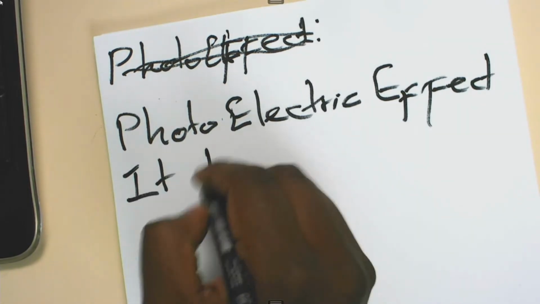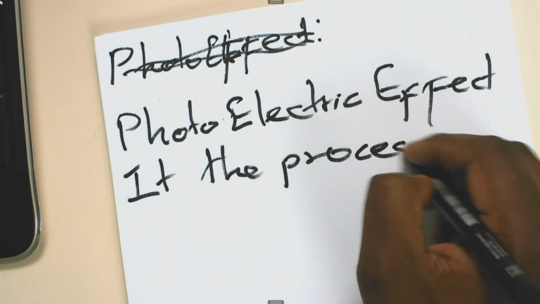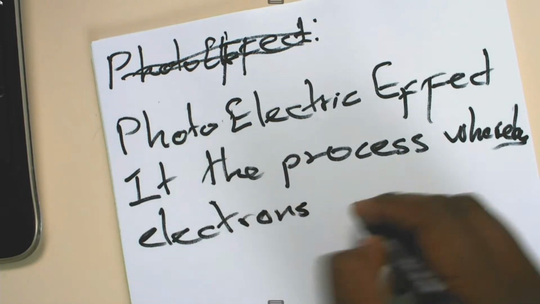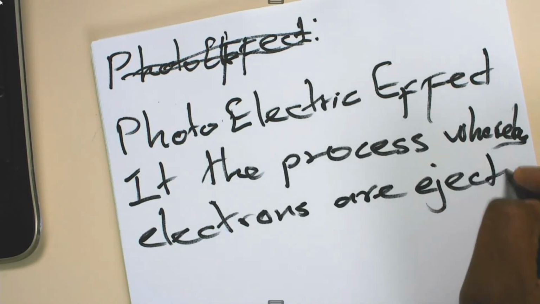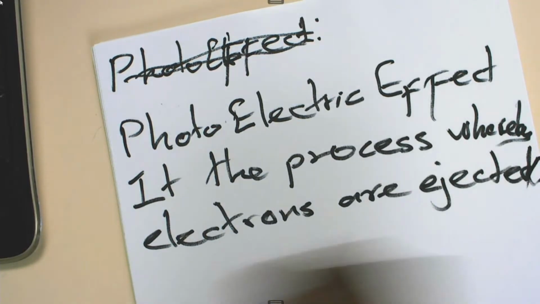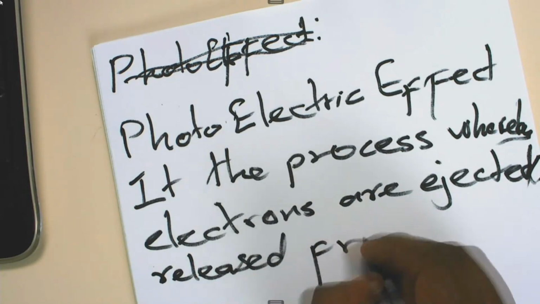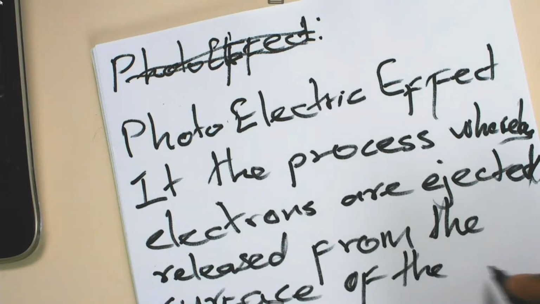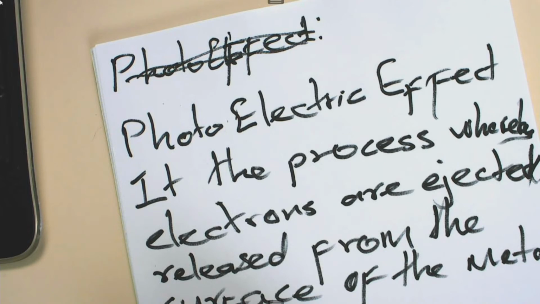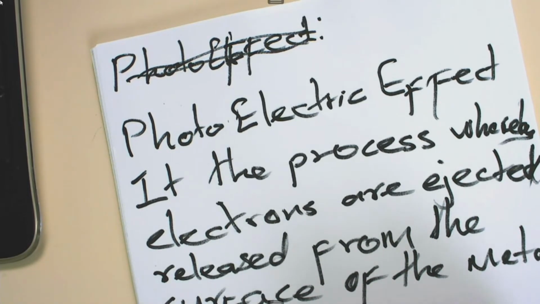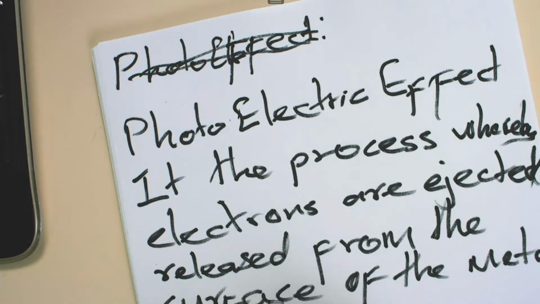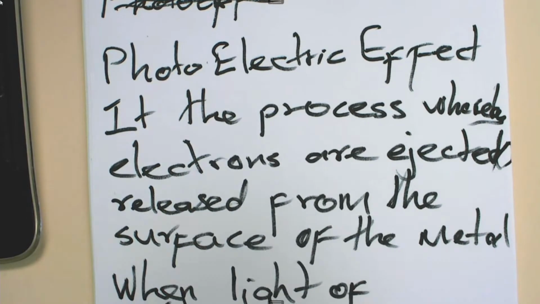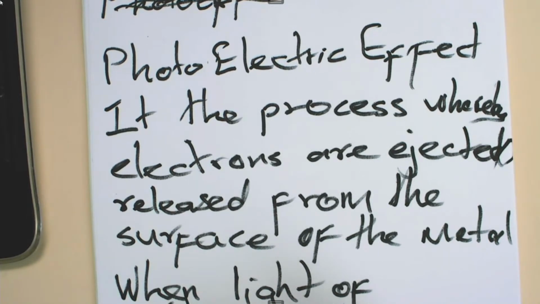It is the process whereby electrons are ejected or released from the surface of the metal when light of suitable frequency is shone onto it.